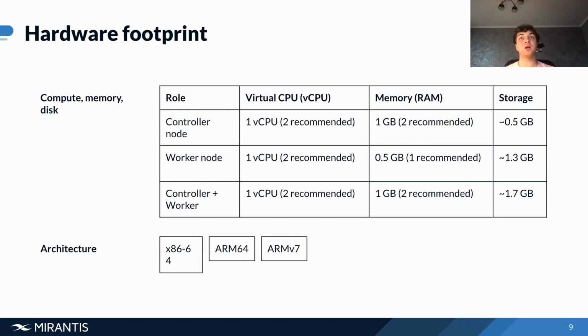For a worker node, you need even less RAM, but a bit more storage. And there is also a mode where you can run controller and worker on the same node. It takes a bit more memory and storage, but anyway, it's a pretty low requirement.